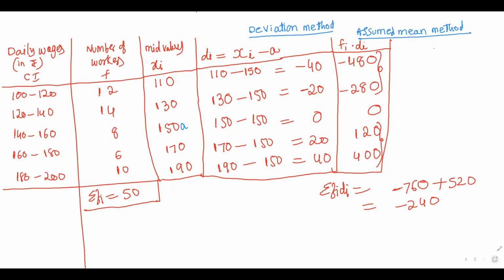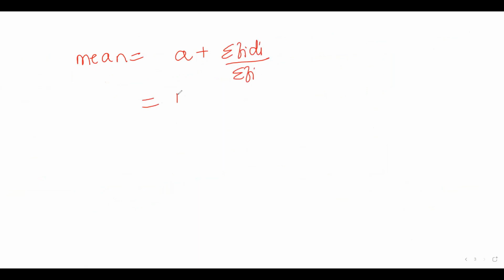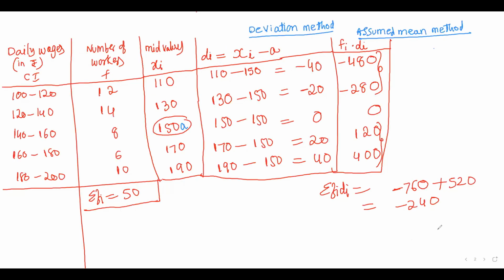Now let us apply the formula. Deviation method: mean is equal to A plus sigma fi di by sigma fi. A is 150. Sigma fi di is minus 240.